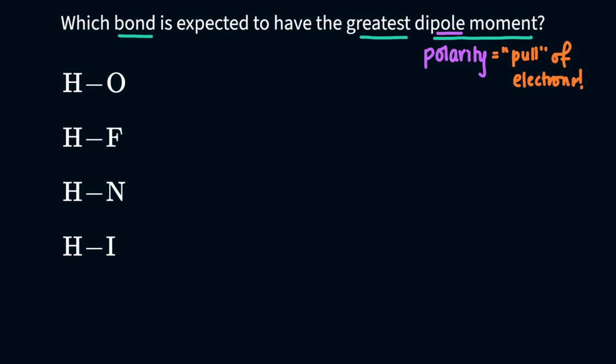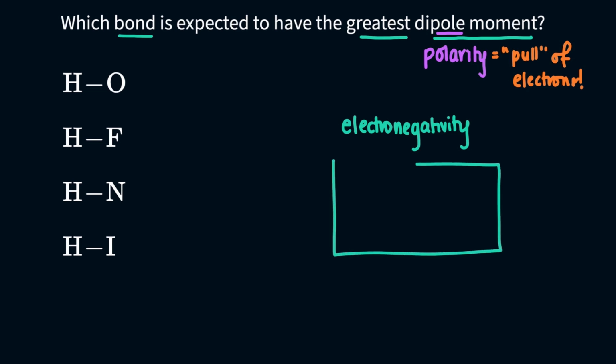Now, the property that talks about the attractiveness of electrons in a certain type of bond is called electronegativity. So anytime that you're talking about any of those P words, polarity, polar, nonpolar, dipole moment, you're going straight to your electronegativity trend on the periodic table.